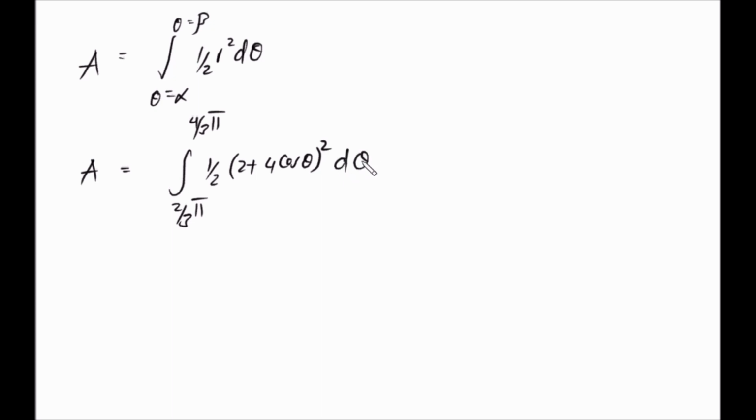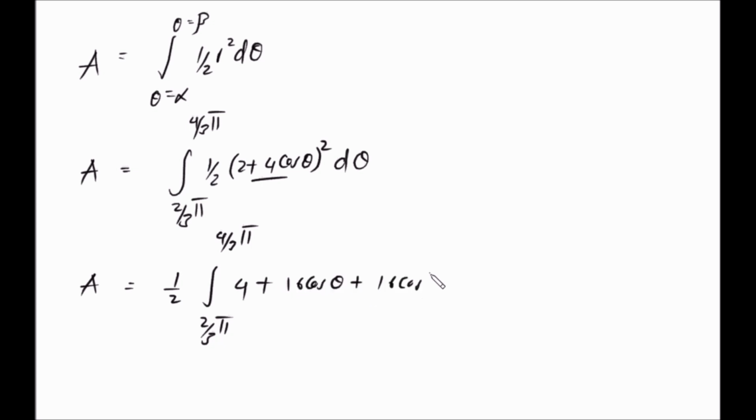So integrate with respect to theta. So hii half tunaweza tukaitoa nje. So integrate from 2 over 3 pi to 4 over 3 pi. So nikisquare hii napata 4 plus 16 cos theta jumlisha 16 cos squared theta with respect to theta.